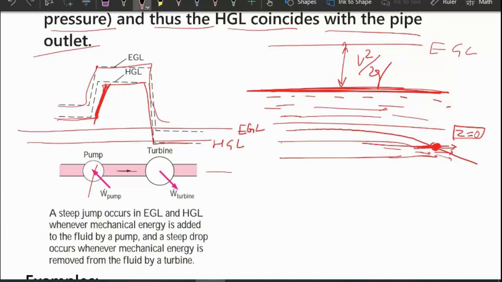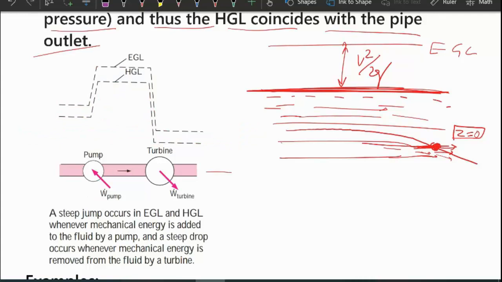But now if you put a pump in this case, the total energy will increase, and this will be the energy grade line. And similarly, the hydraulic grade line will be this. If you put a turbine in the pipe, energy grade line and hydraulic grade line both will decrease, and you will have something of this kind of situation.